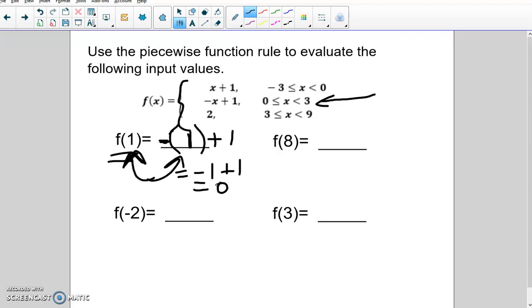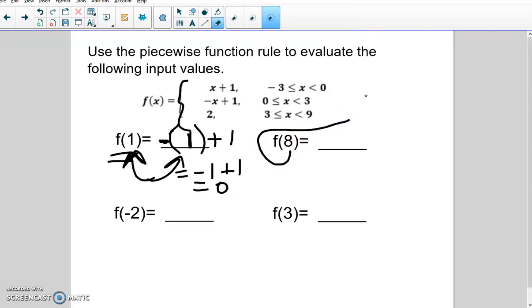Okay, so let's do the same thing with a couple more of these to get the idea. So we have 8 here. So I decide, where does that 8 actually fall into? Which one of these sections of this piecewise function? And the 8 goes between the 3 and the 9. So that's the thing that will apply. And here, this just says 2. Now remember, f of x is another name for, we could also put y there.